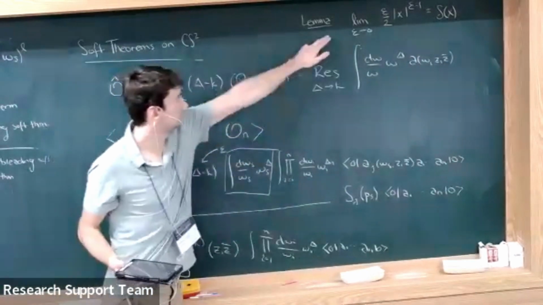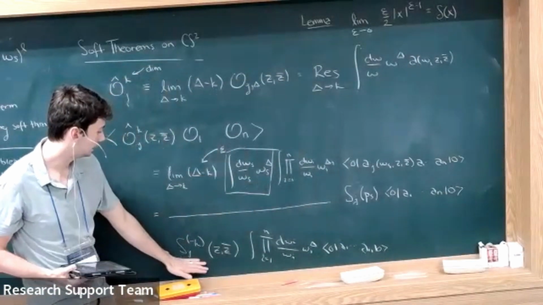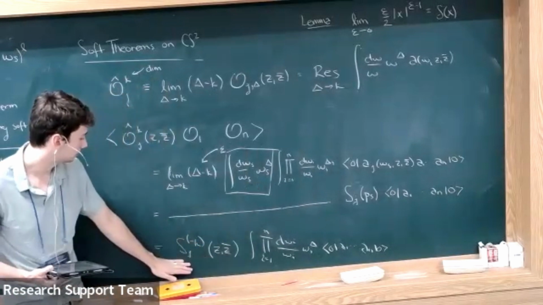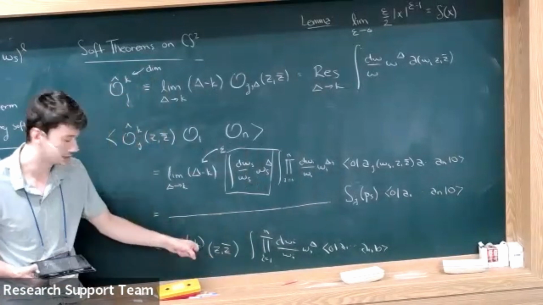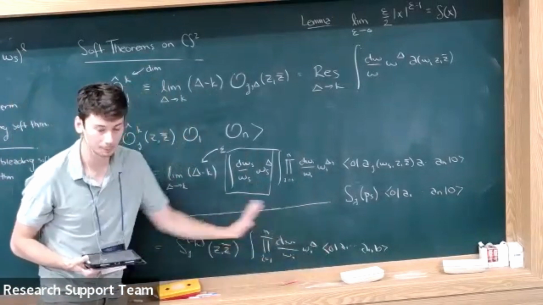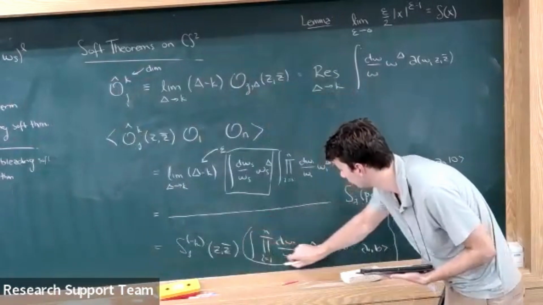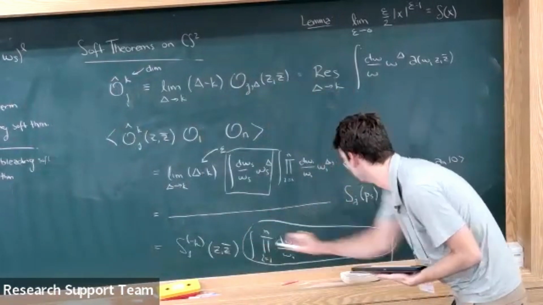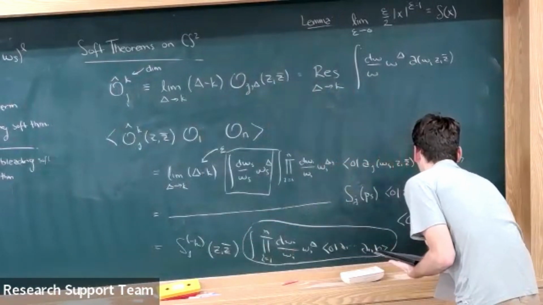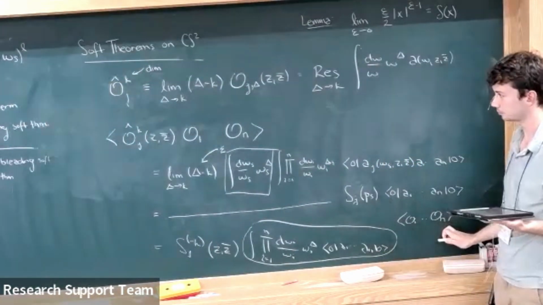So essentially, I've just used this distributional identity to perform this integral. And what I find is that I pick up the subleading soft theorem at the minus K order times the Mellin transform of the momentum space amplitude. And we recognize that this object down here is just a celestial amplitude. So this is O1 to On, the celestial amplitude here.